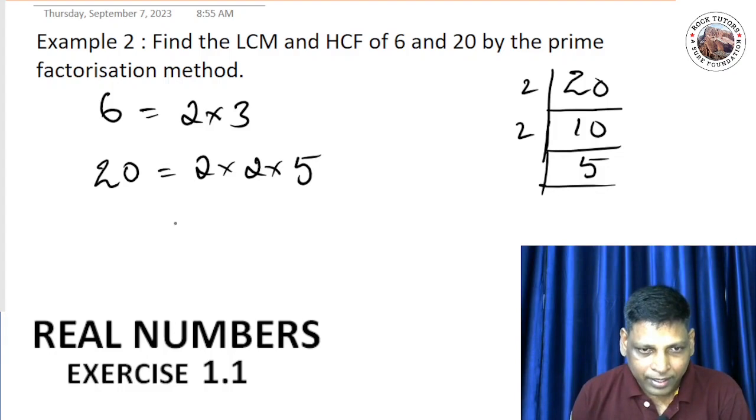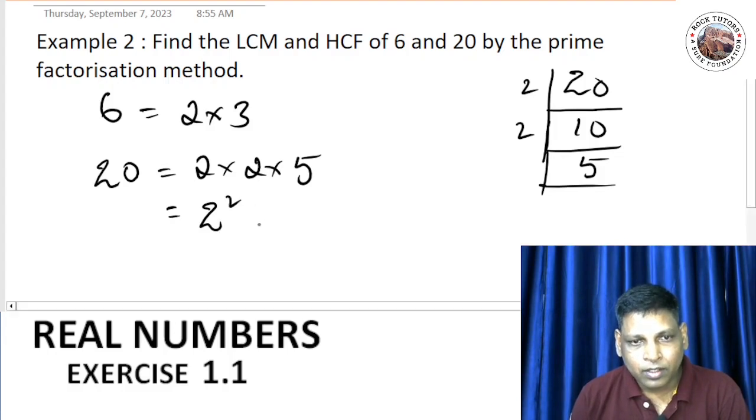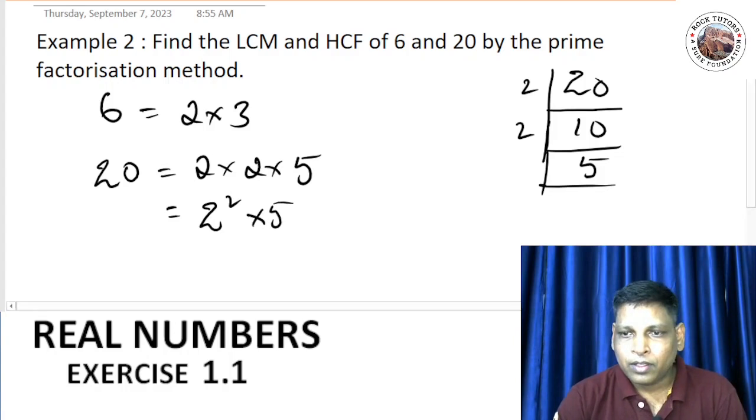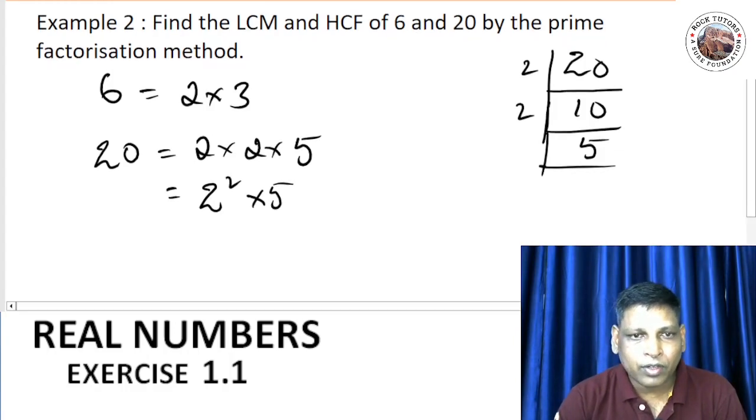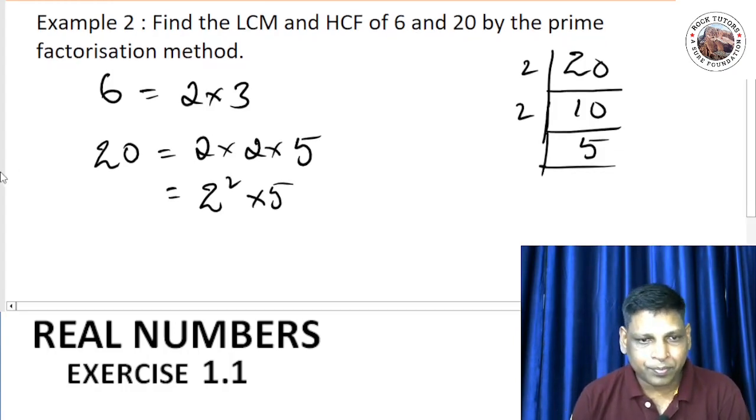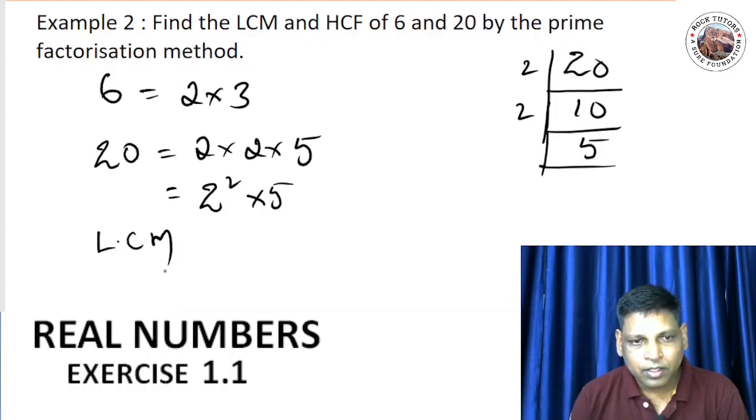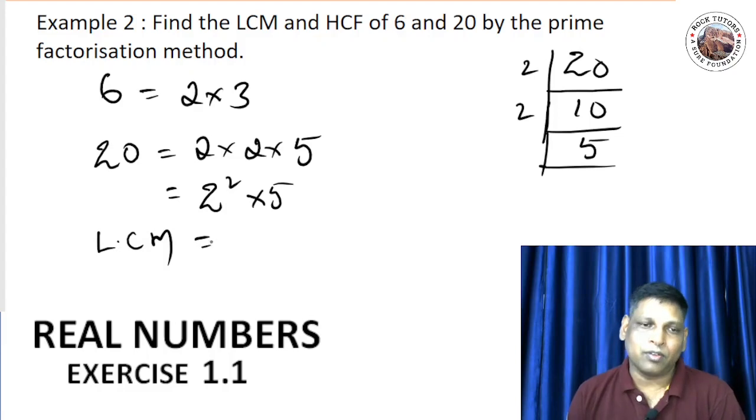6 is 2 into 3, and 20 I can write as 2 into 2, 2 square into 5. Okay. Now see here, what is the LCM? LCM is equal to.